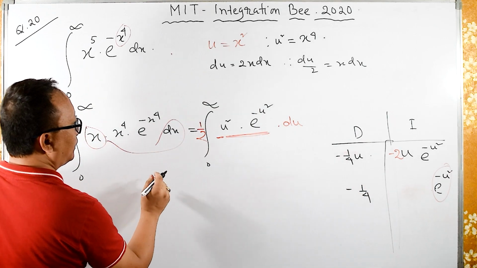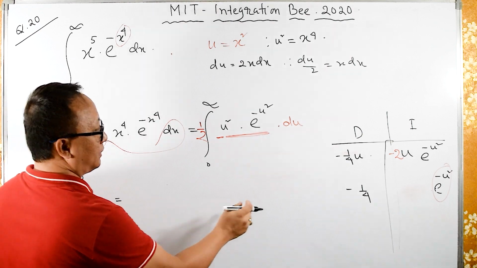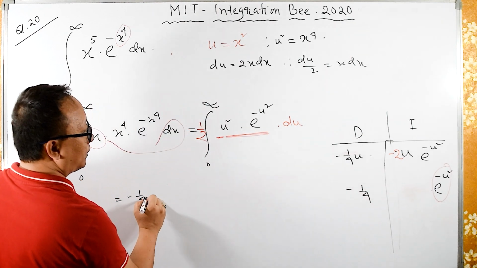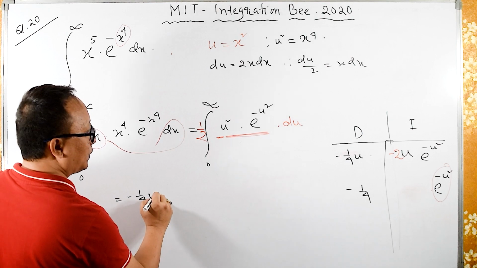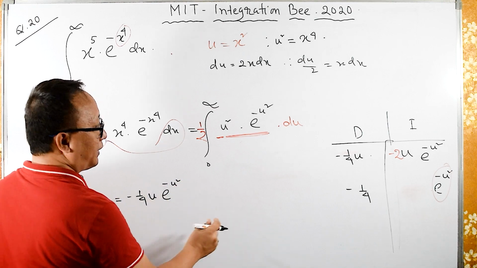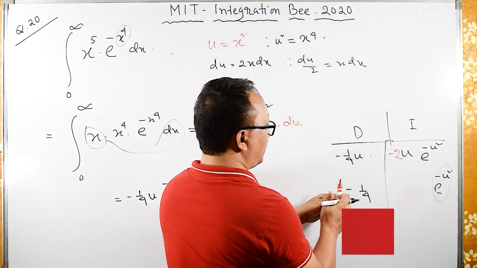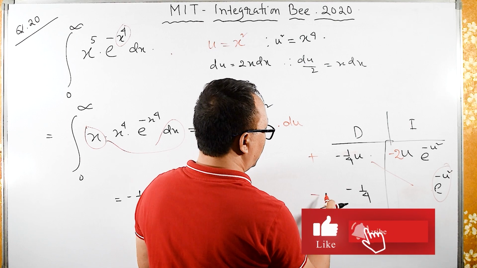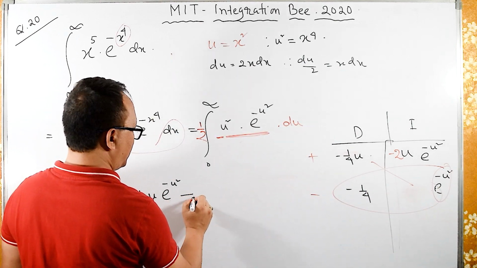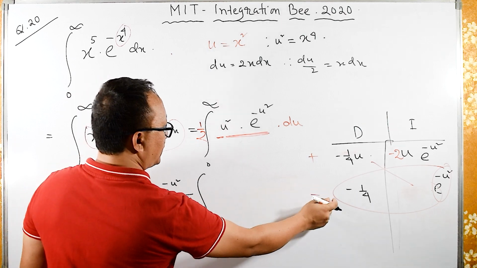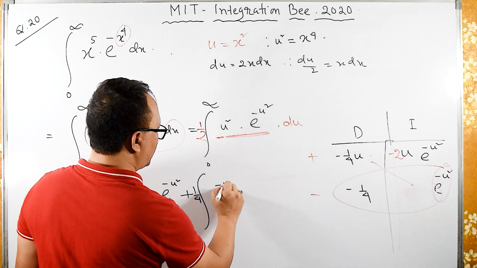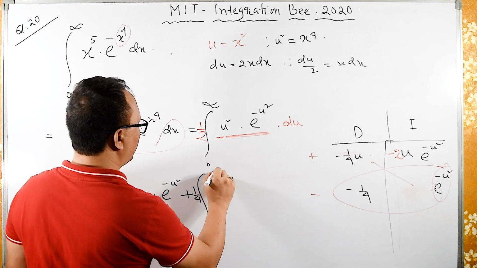Therefore this integral is the same as this into this: minus 1 by 4 u into e raised to minus u square, this into this with plus sign and minus sign with this into this. Integral minus integral, minus minus plus, we have 1 by 4 e raised to minus u square, 0 to infinity du.